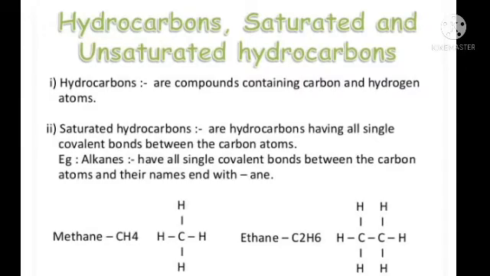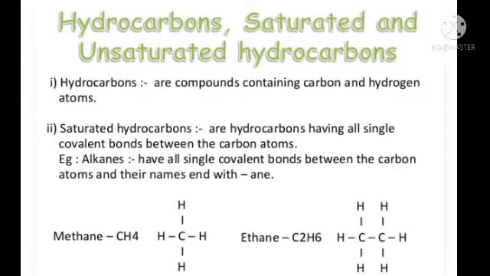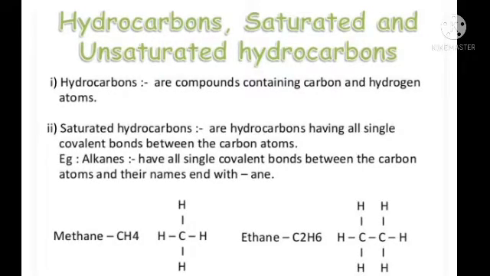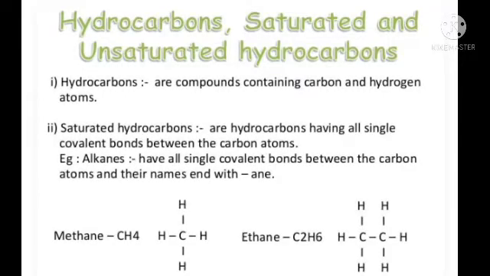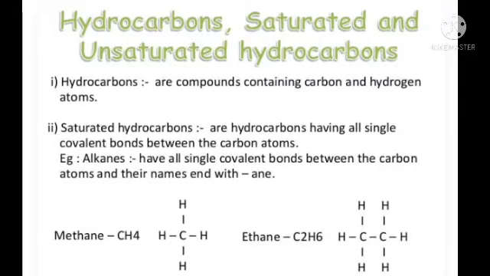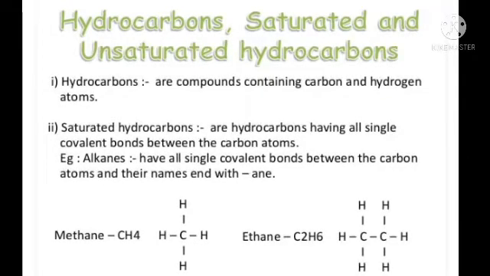Hydrocarbons are compounds containing carbon and hydrogen atoms. These are of two types. First one is saturated hydrocarbons, second one is unsaturated hydrocarbons. Saturated hydrocarbons are hydrocarbons having all single covalent bonds between the carbon atoms.